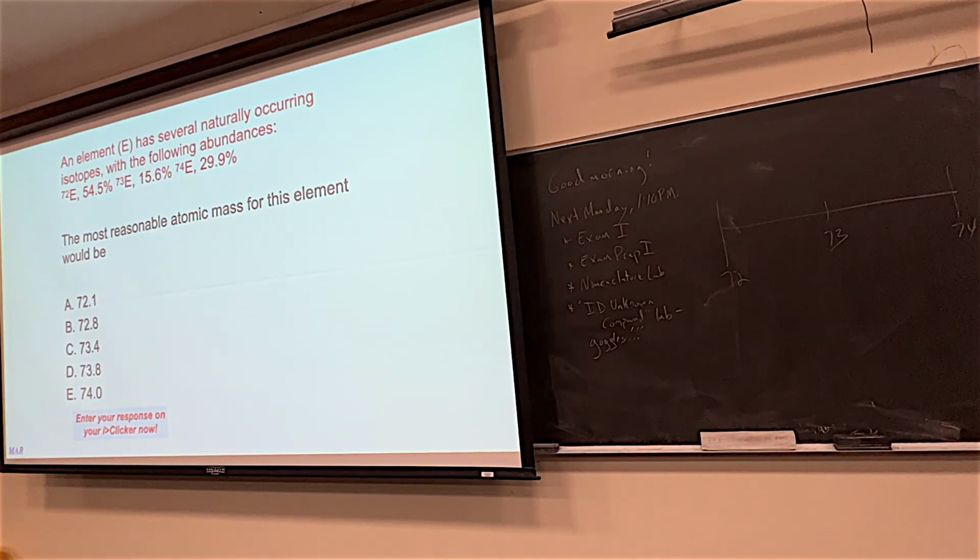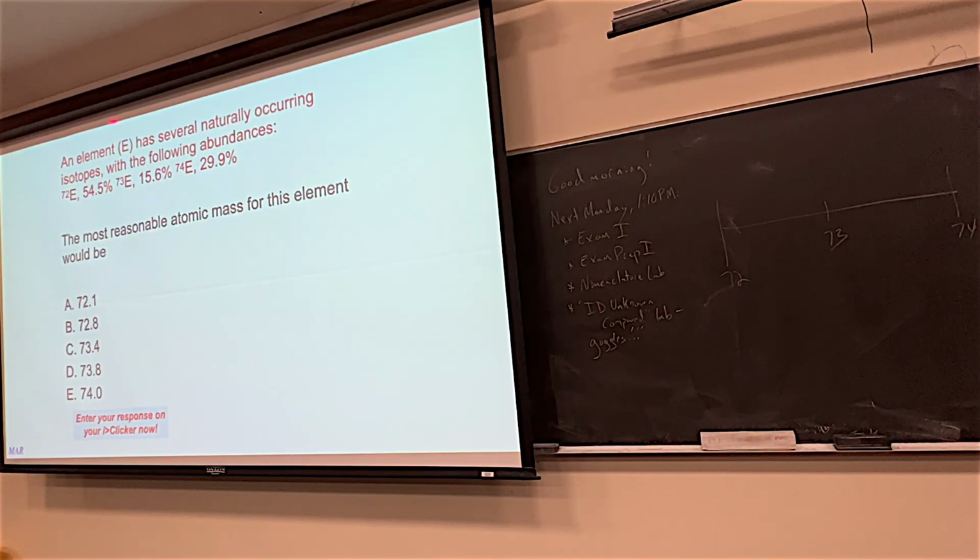If you don't want to do math, and I won't take names of anybody that doesn't want to do math, but if you don't feel like doing math right now, the non-math way to do this is to realize that those mass numbers, which are 72, 73, and 74 up there, fall on a number line. And why that's important is that you can think about what the probable average of those values is.